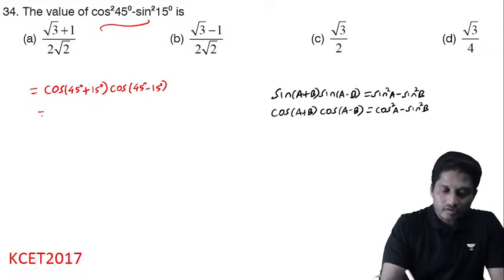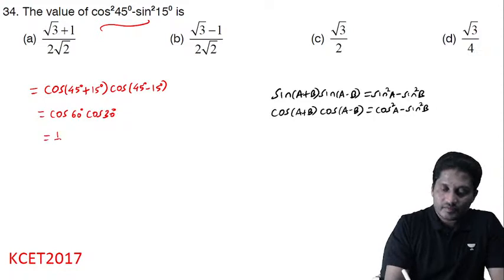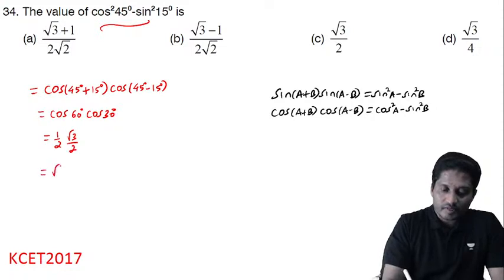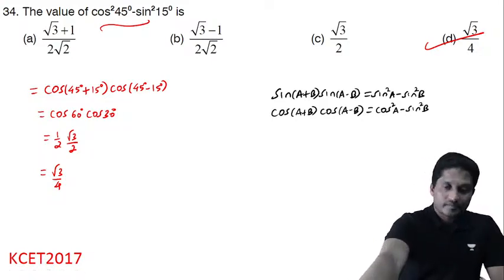So this is equal to cos of 60 into cos 30. Cos 60 is half, cos 30 is root 3 by 2, so this is equal to root 3 by 4. Right, answer is option D. Let's move to the next question.